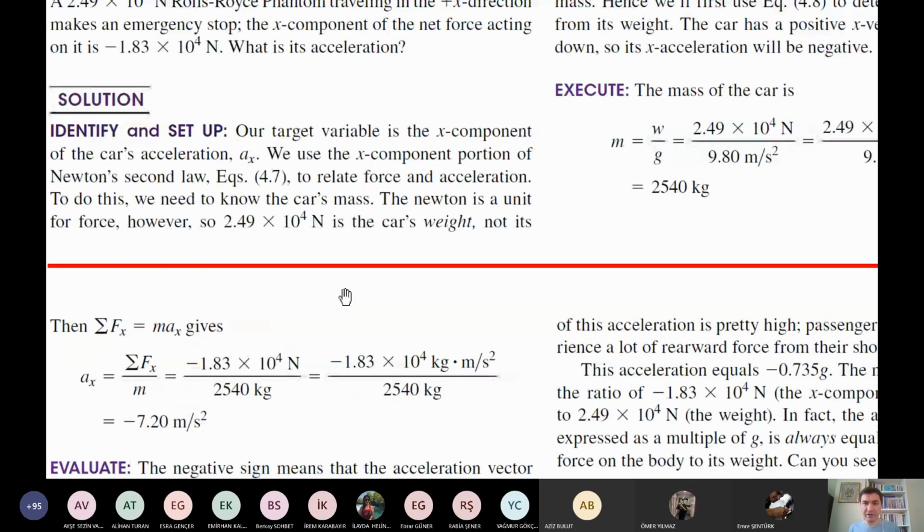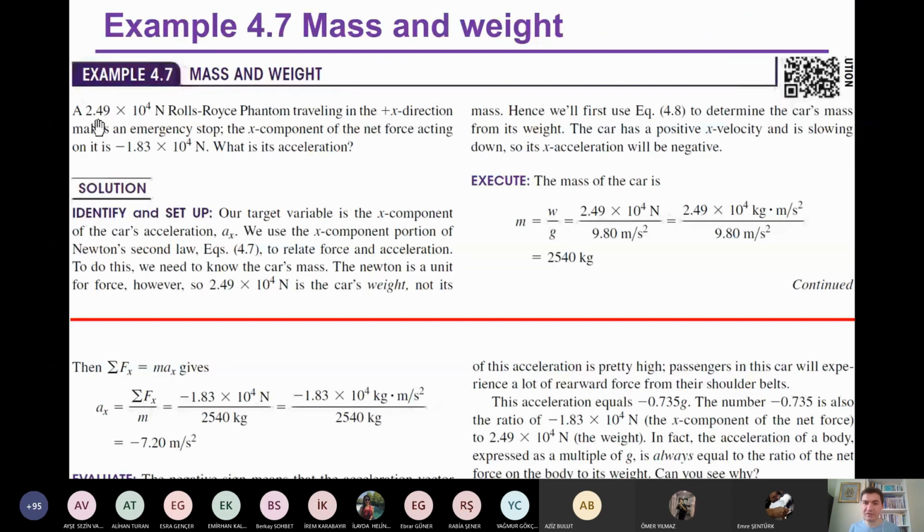Let's have a look. So here we have the weight, which is given, and the mass of this Rolls-Royce can be found by using this relation. Weight is equal to m times g. If you take m, and put in the weight given in the question, and g, 9.8 meter per square second, then you can calculate the mass.